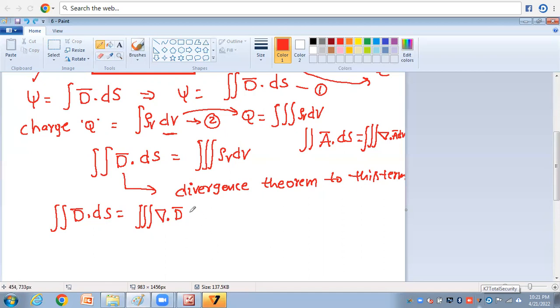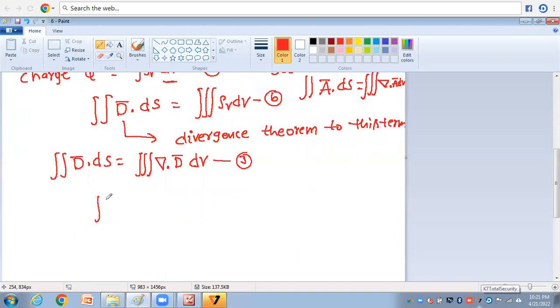Sorry, del dot D bar is equal to rho. This is expression 3, substituted in expression B.